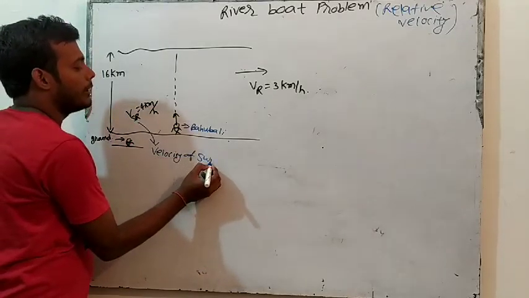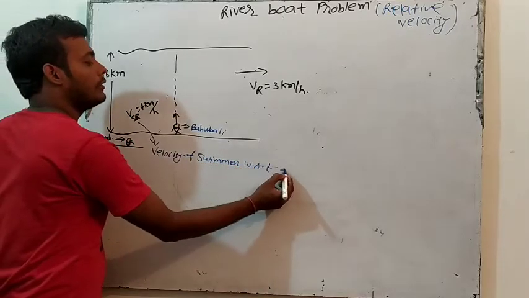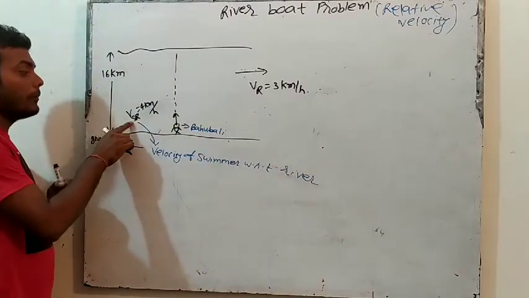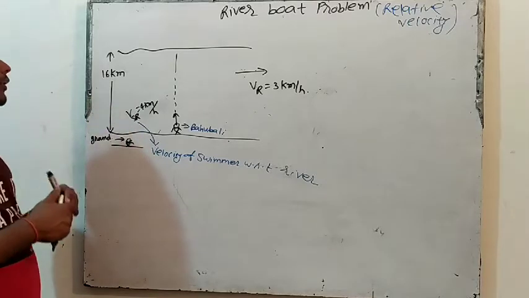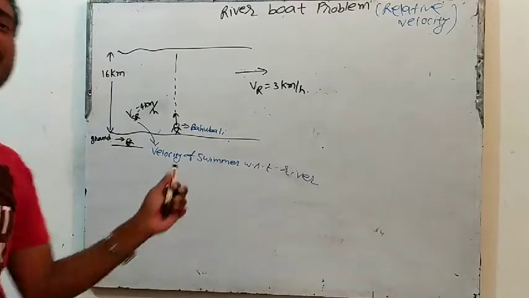VSR means velocity of swimmer with respect to river, which is 4 km per hour. This they have given.